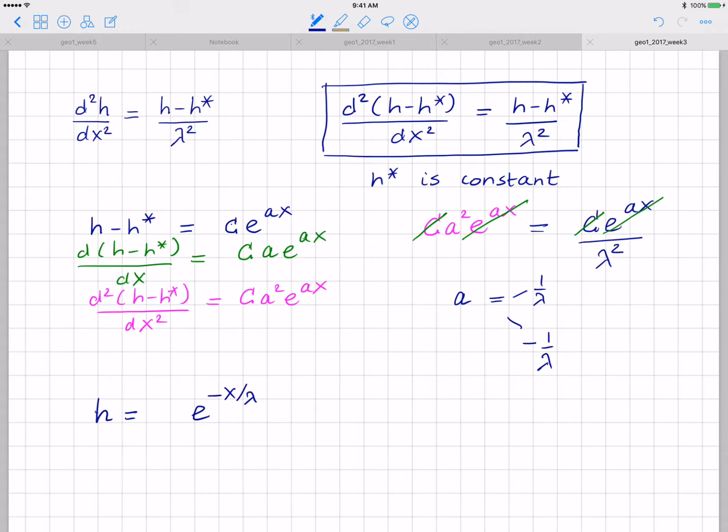That is when small a is equal to minus 1 over lambda, or it is equal to e to the power plus x over lambda, or any linear combination of the two, because we could have picked that capital C any way we wanted. So let's call those two coefficients capital A and capital B. This is the general solution to the differential equation shown in the upper right hand corner.